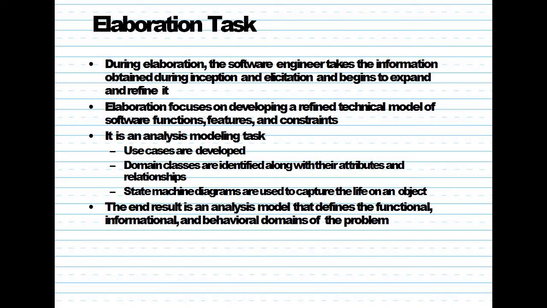It can analyze modeling tasks like use cases are developed, domain classes are identified along with their attributes and relationships. State machine diagrams are used to capture the life of an object. So the end result is an analysis model that defines the functional, informational and behavioral constraints of the problem.